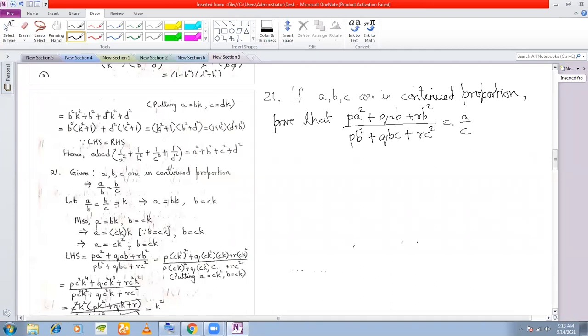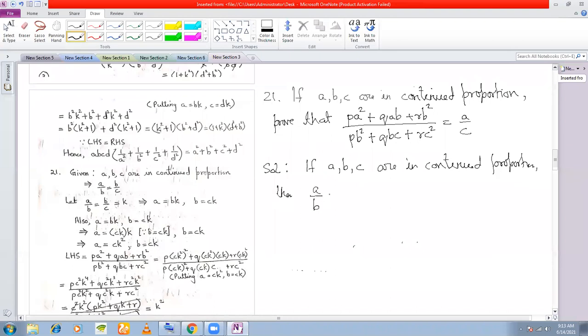We will proceed in a similar manner, except that A, B, C are not in proportion. Here, three numbers are there which are in continued proportion. So, from the definition, if you remember, if A, B, C are in continued proportion, then what can we write?